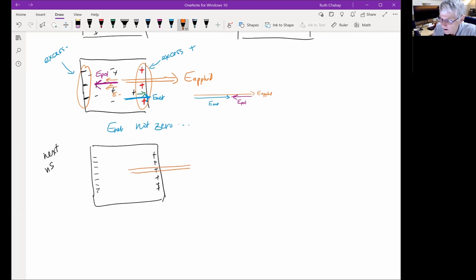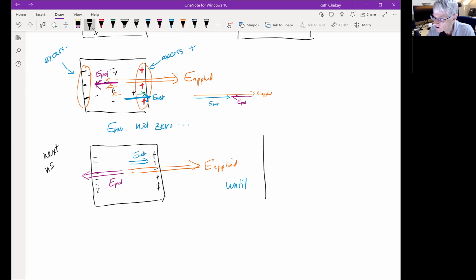So now we've got this E applied, but the electric field due to these polarizing charges is getting larger and larger. So E net is now smaller.